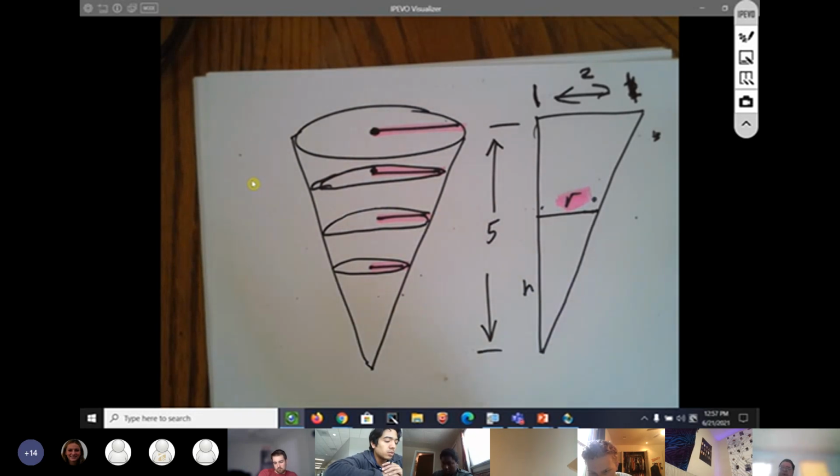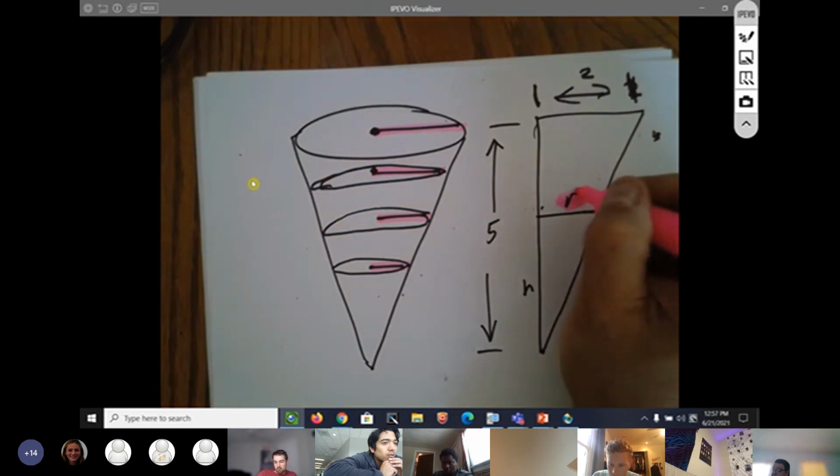In fact, the cylindrical tank is the easier one because all you got to do is distinguish between the first height and the fill up. So it's pretty easy. Okay, so you've got to focus.